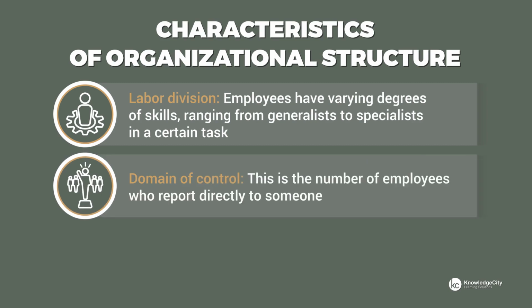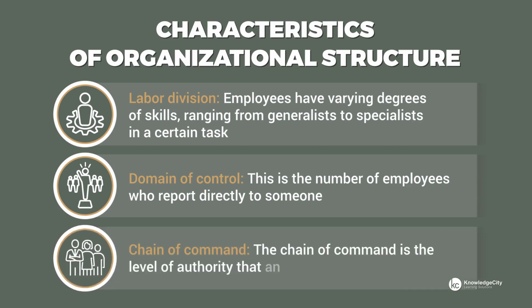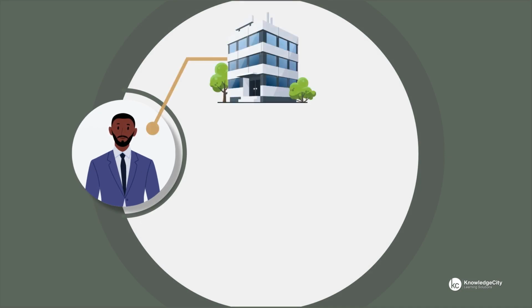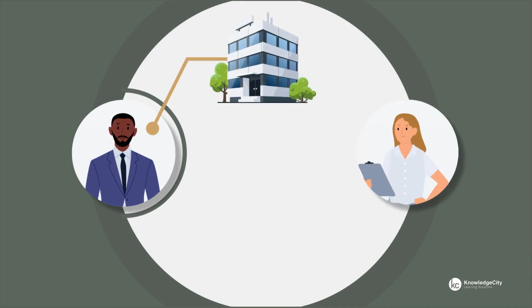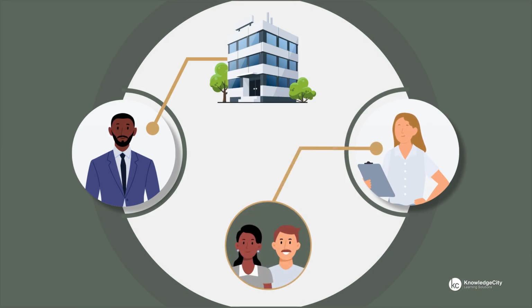Domain of control. This is the number of employees who report directly to someone. Chain of command. The chain of command is the level of authority that an employee has over others. CEOs have a lot of power over the entire organization, but a team manager likely only has power over their immediate team members.